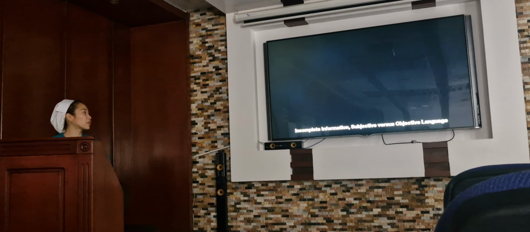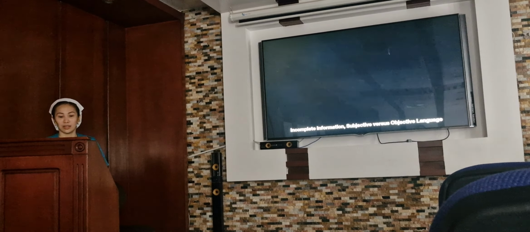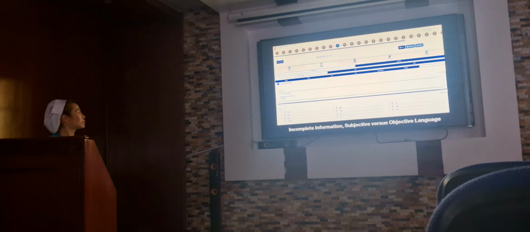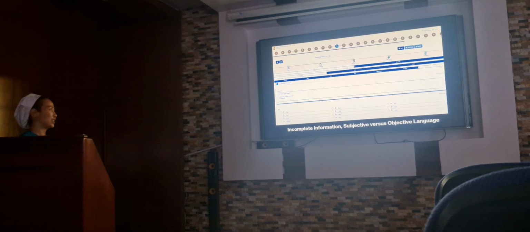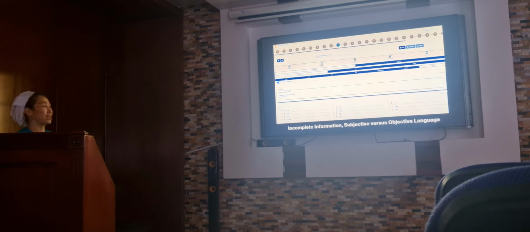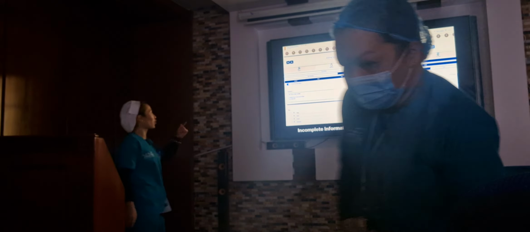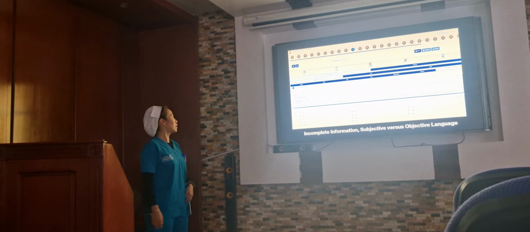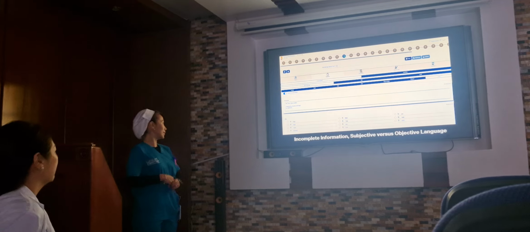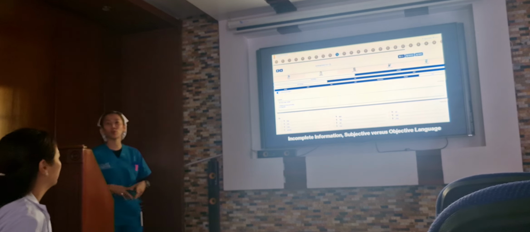Next, incomplete information, subjective versus objective language. For example, what do you notice? Okay, guys, this is the biggest one. Patient came, named Janice David Antonio, 28 years old, male, married, complaining of acne on the face, no treatment.